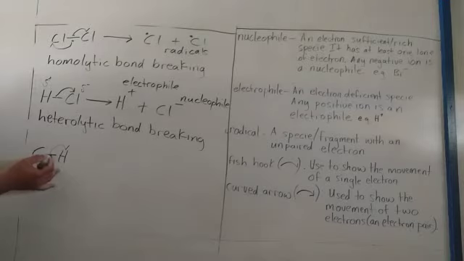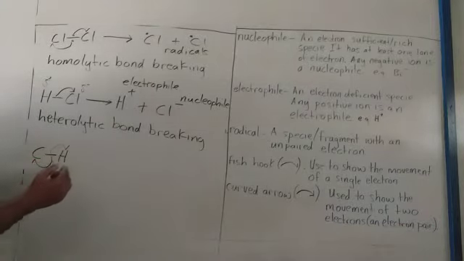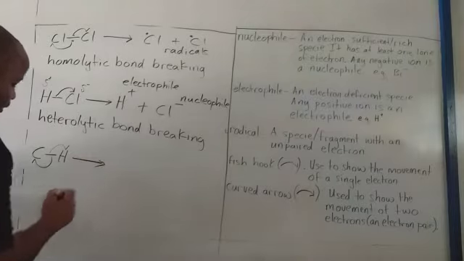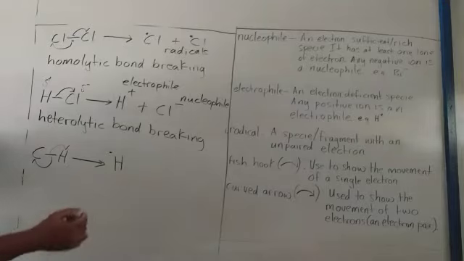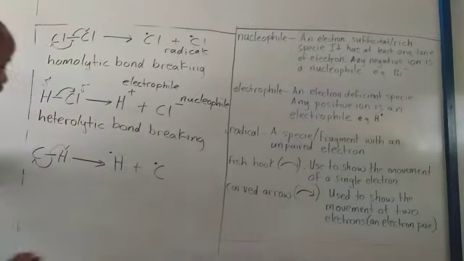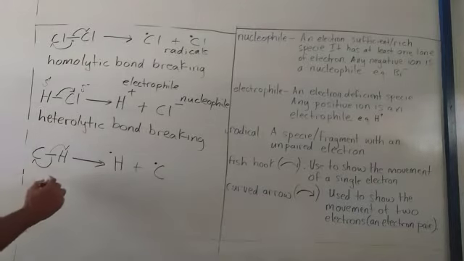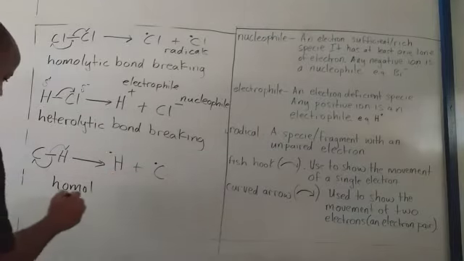Once the bond is there, it means that the bond contains the electrons. So you just draw a fishhook from the bond to carbon, and another to hydrogen. This means that one electron is going to carbon and one is going to hydrogen. So we would have hydrogen with an electron and carbon with an electron. Again, once it breaks homolytically, you will get radicals.